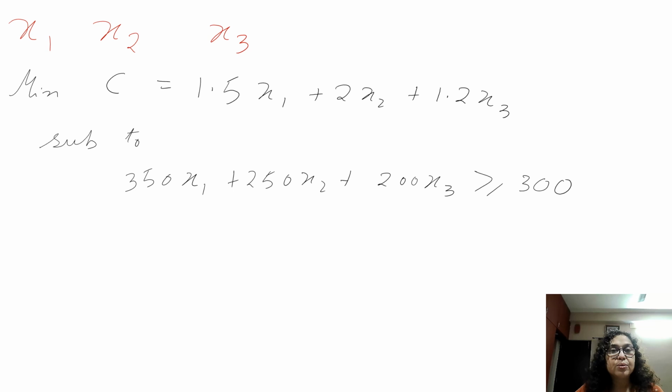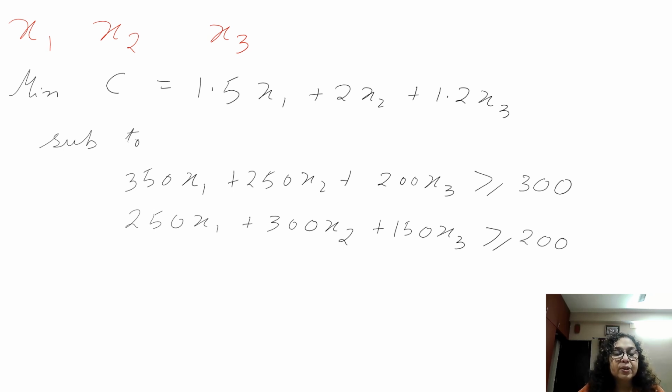Next, we come to the protein constraint. Now, the protein constraint is 250x1 and 300 per unit of food 2, so 300x2 and 150x3. And how much protein is required? It is slated to have 200.